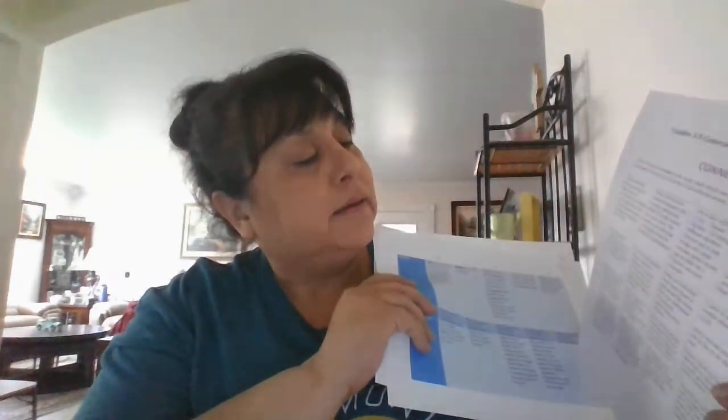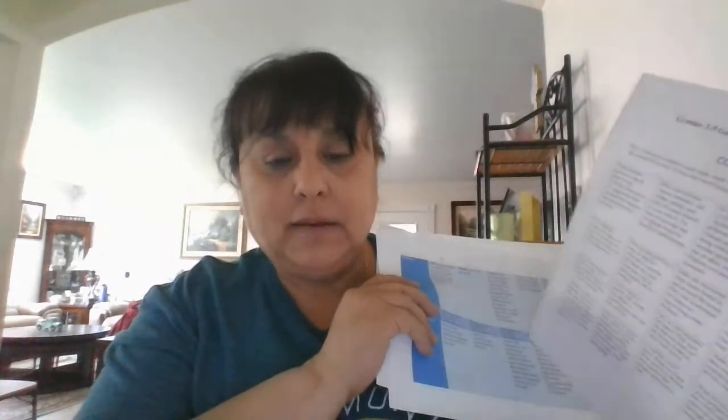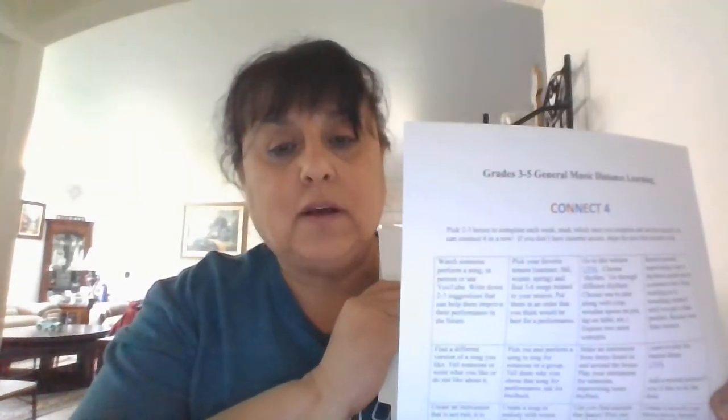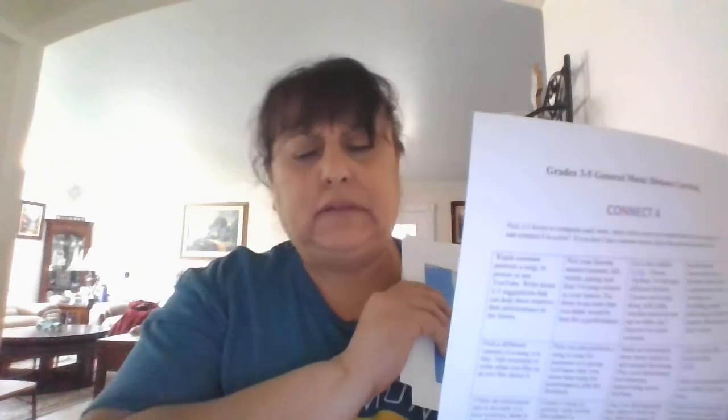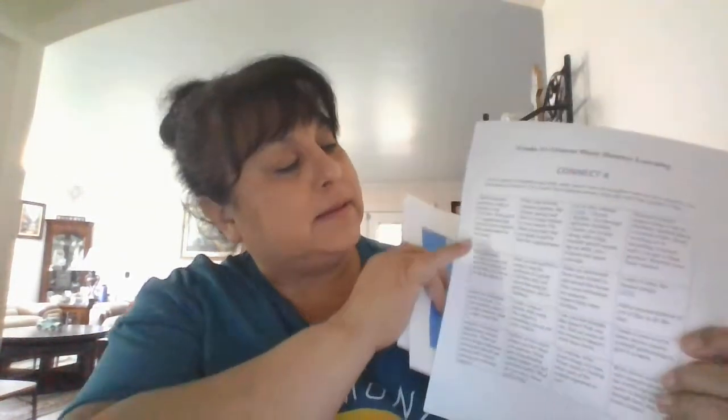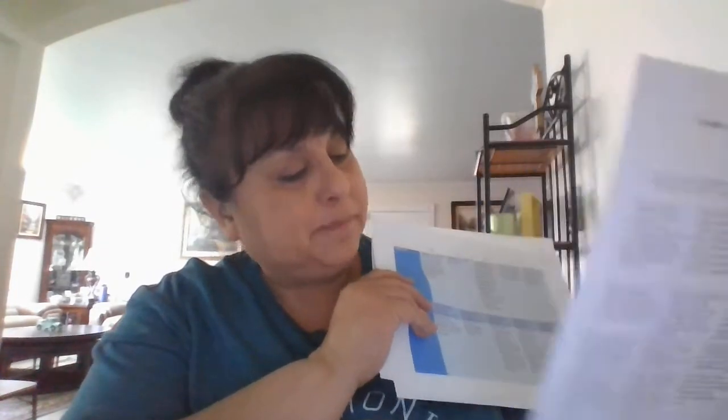So give some constructive criticism. It's not you're saying, oh, you're bad. Ugh, yikes. No, you're saying, oh, man, that sounded great, but you know what would make it sound better? And so give them some ideas that would make it better. Okay. So that's your Connect Four for music.